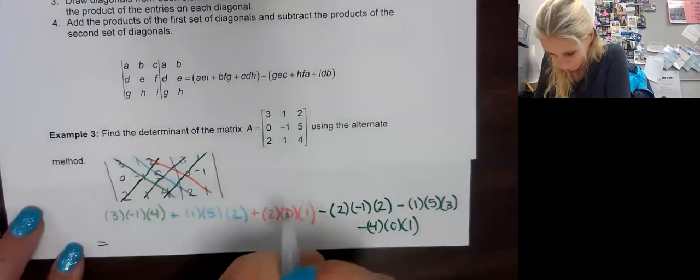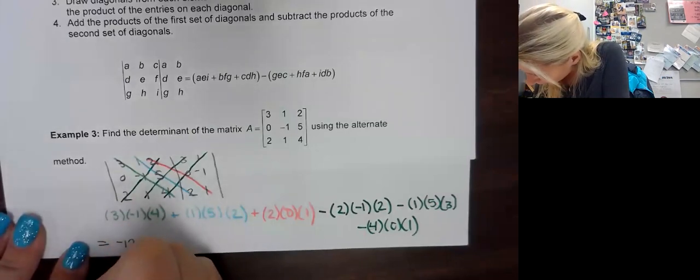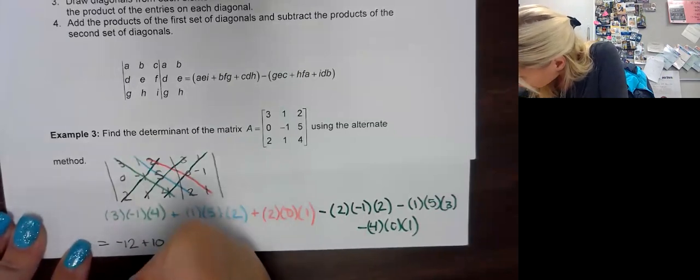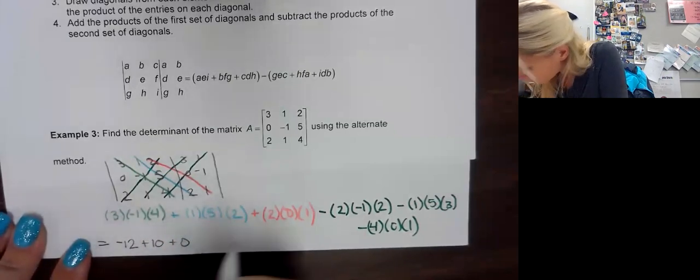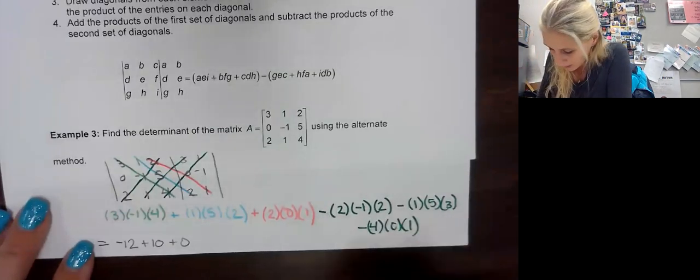Okay, and now I'll do my math, right? So here, the first one, when I multiply those out, I get -12 plus 10 plus 0. Okay, be careful. This is a minus, but it's going to be negative.